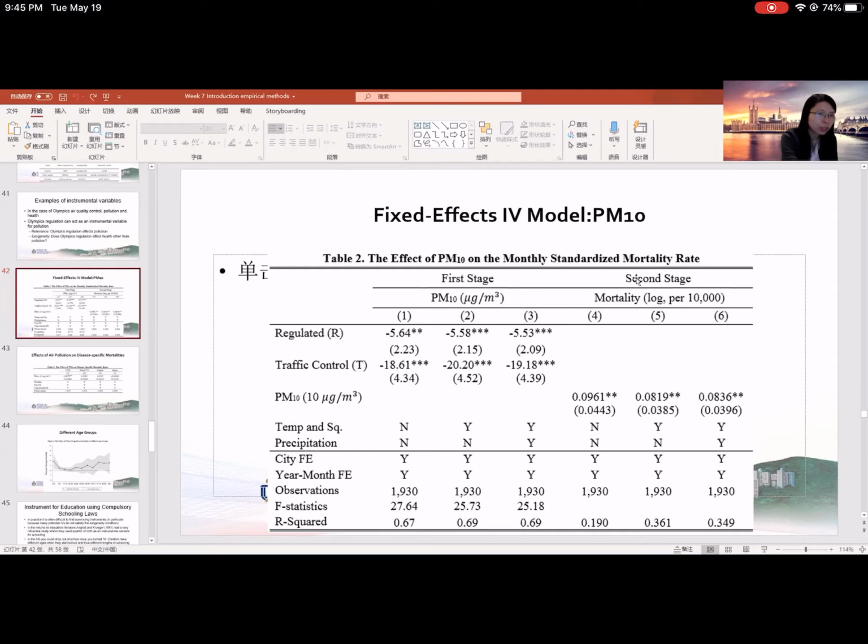Here they're calling this the second stage because they're using the instrumental variable. The first stage is to check how much regulation and traffic control explain PM10. The second stage is how regulation and traffic control induced change in PM10 affects health. So the second relationship is between mortality and PM10 concentration, and the PM10 concentration is instrumented by regulation and traffic control.